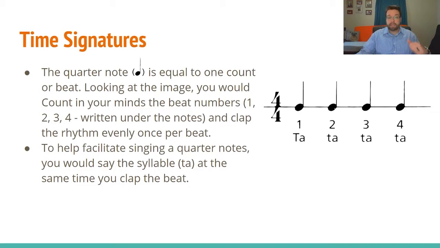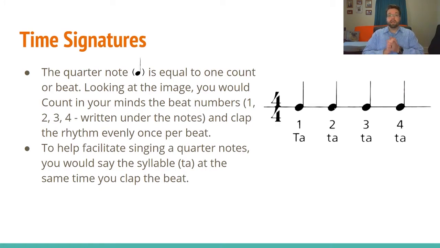But if we were to sing it, we sing these syllables underneath, the tas, which indicate 1 note per beat. So you would actually say the word ta, ta, ta, ta as you go through this exercise. I will count off one measure of the beat so you can get a hold of the tempo, and then I will demonstrate this exercise.